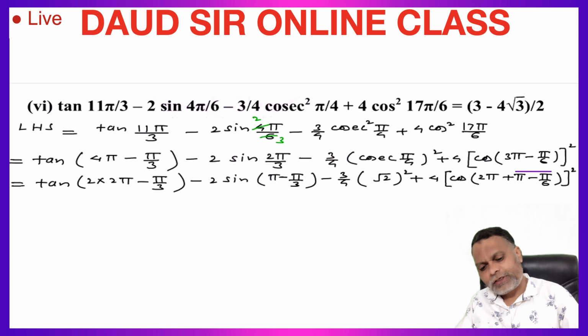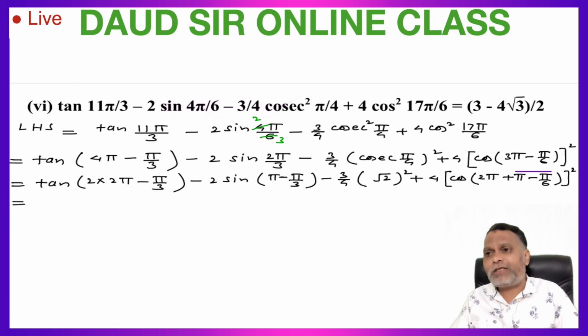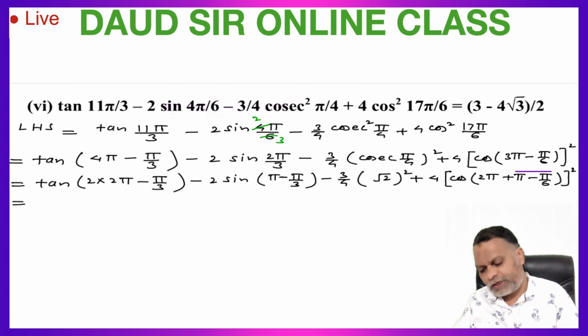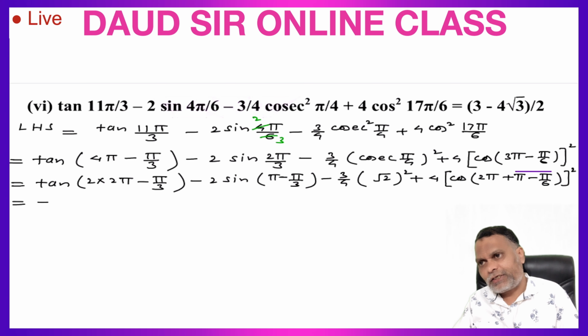We can consider this as 2 pi plus theta, which is equal to tan n into 360 minus theta. This 2 is the number of rotation only, so this is 360 minus theta, and 360 minus theta lies in fourth quadrant. In fourth quadrant cos is positive, this is tan, so put minus sign. In case of 360 degree no change, so tan pi by 3.